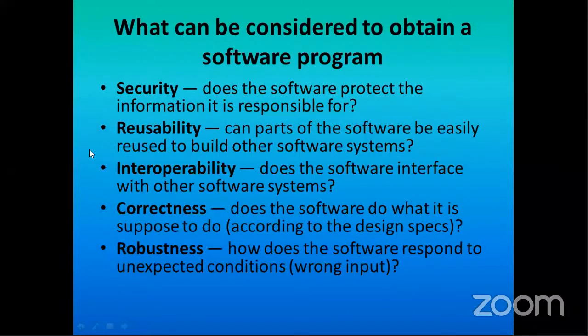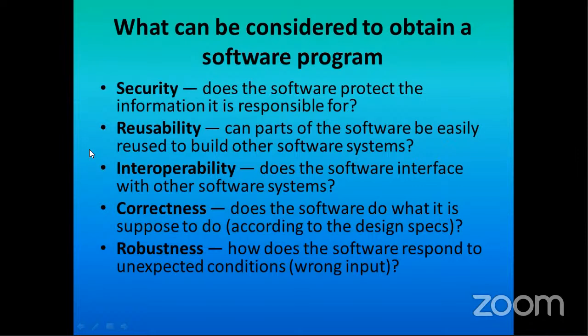What can be considered to obtain a software program? Security. Does the software protect the information it is responsible for? Reusability. Can parts of the software be easily reused to build other software systems? Interoperability. Does the software interface with other software systems?